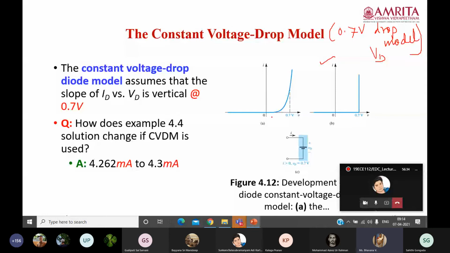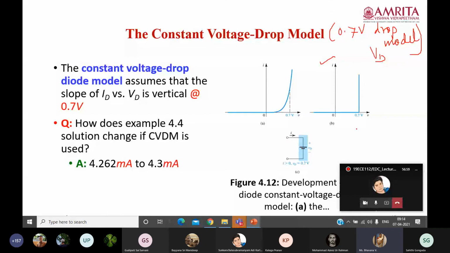So here also our base is the exponential characteristics only. The exponential characteristics are again approximated to two lines. One is a horizontal line, another is a vertical line. So till 0.7 the current will be 0, and after 0.7 the voltage remains constant. You will get a rise in current, but the current will be maximum. And how to draw the equivalent circuit? You have a diode, no?